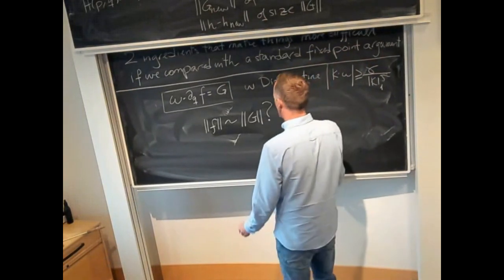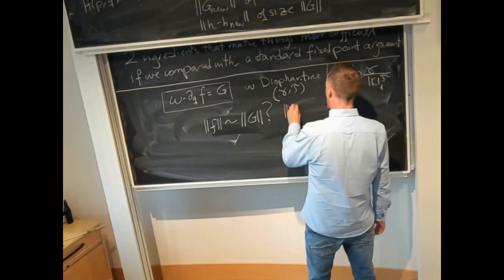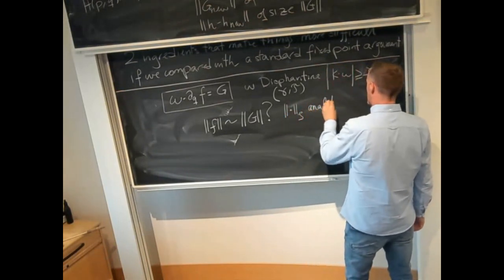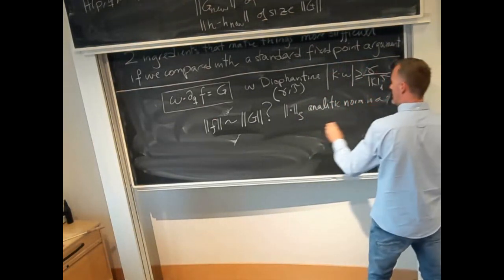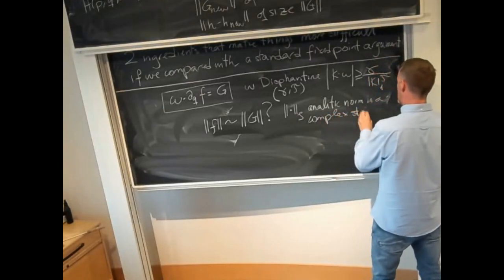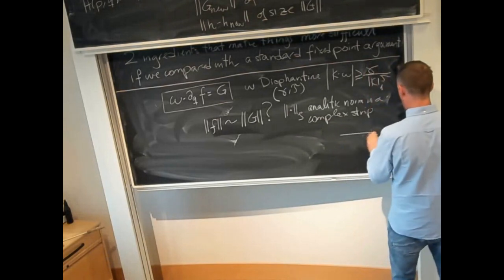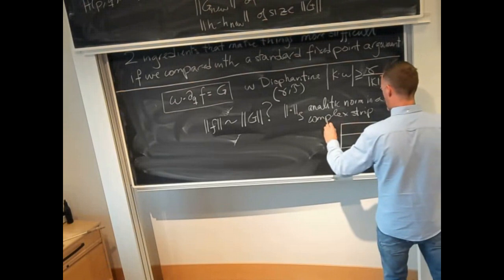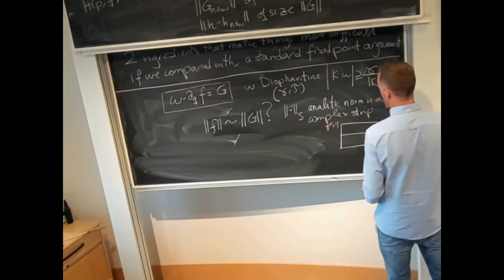Okay? What happens is that if we take the analytic norm, in a complex strip, so that's the torus, and this is the torus plus a rho band.